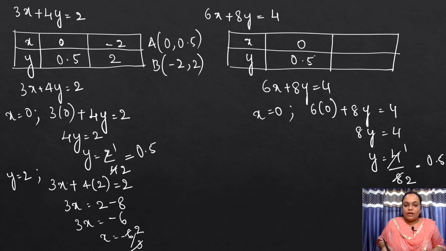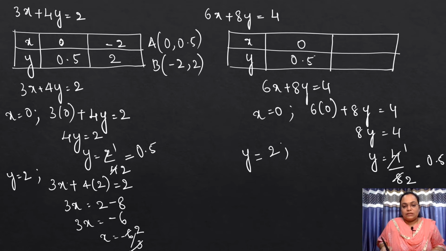Okay. So if you take y is equal to 0, this will be 4 by 6, right? So we will try to avoid that. We will see by taking y is equal to 2.